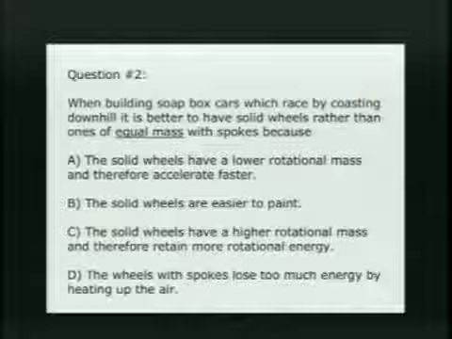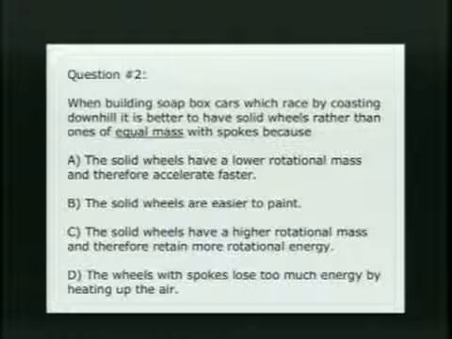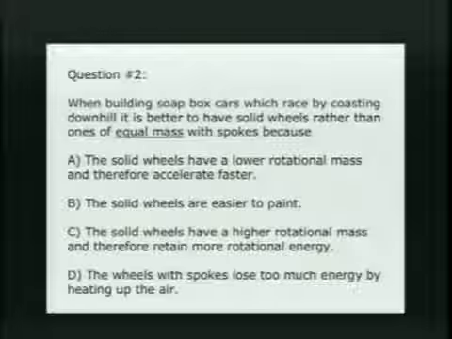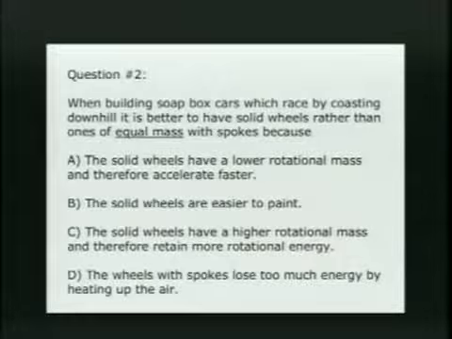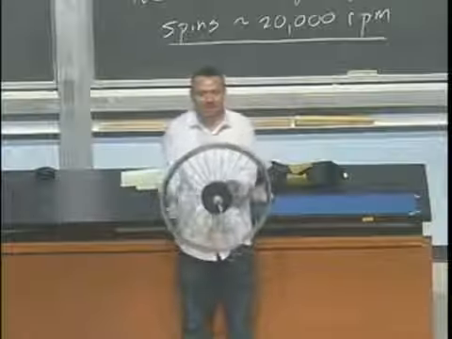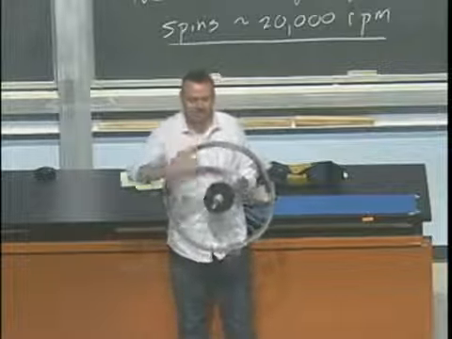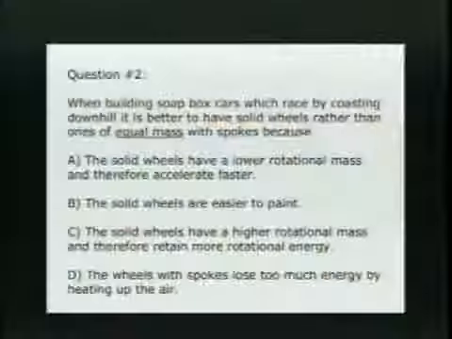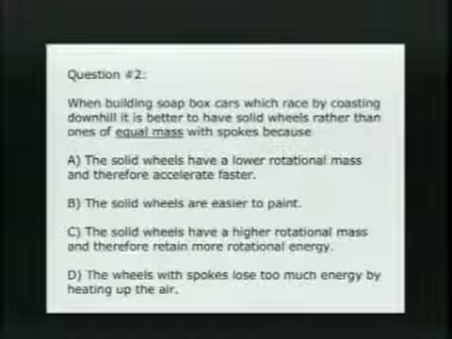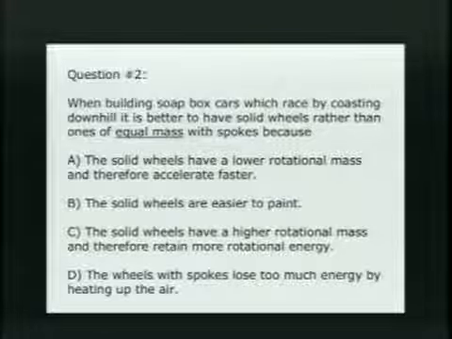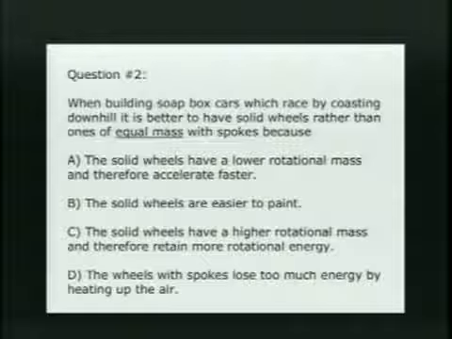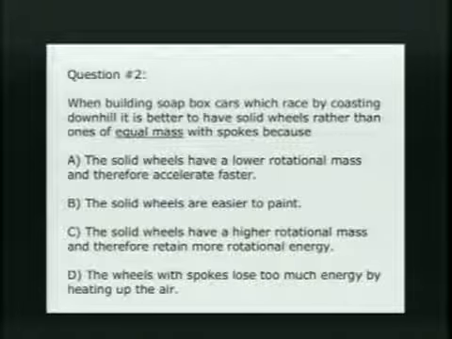These are spokes, the little bars that come out to hold the wheel. So the question is, is it better to have a wheel like this where the mass is concentrated on the edge, or is it better to have a solid wheel, one solid piece, like this? By the way, the goal implicit in this is to win the race by going faster.